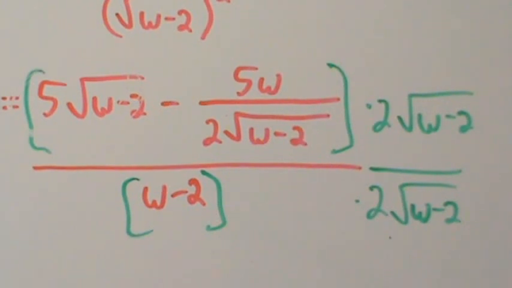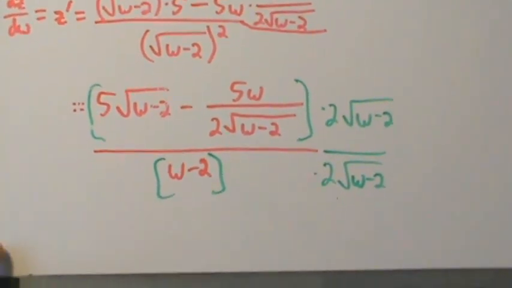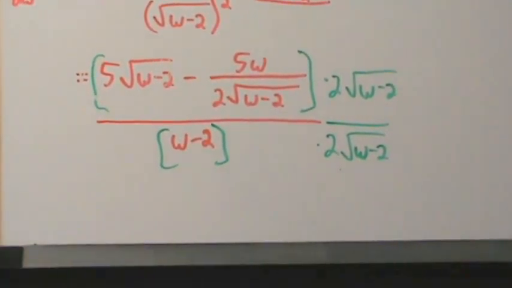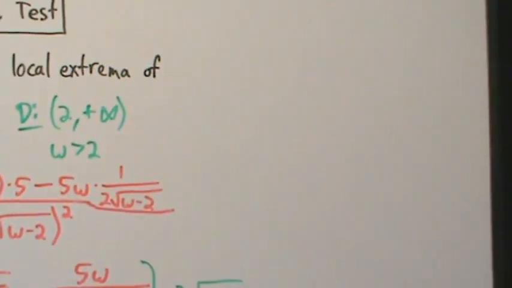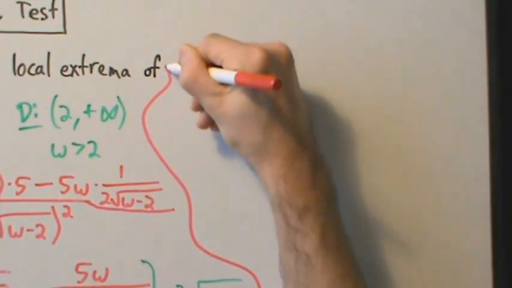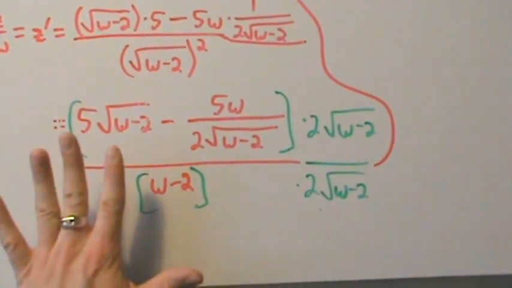So let's zoom out just a bit here, and let's go ahead and simplify this. So there isn't really enough room here, so we're going to have to come up a bit over to here. So if we bring this up here, this equals, so now we're just going to take 2 root w minus 2 and distribute it to everything here.